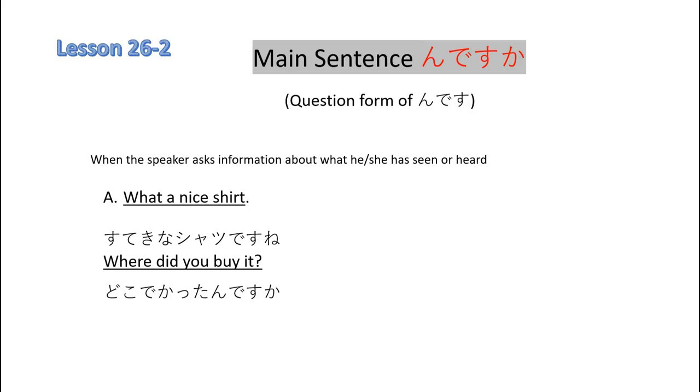So he'll say, "Doko de katta n desu ka?" The speaker B will say, "I bought it at Shibuya." "Shibuya de kaimashita." So here the speaker is asking for information about what he or she has seen.